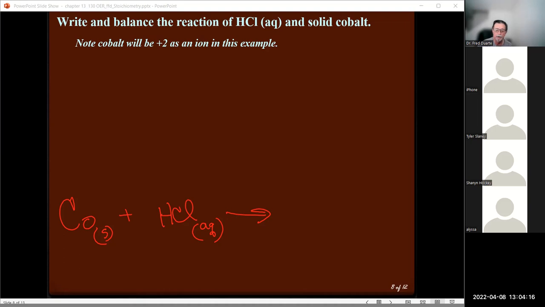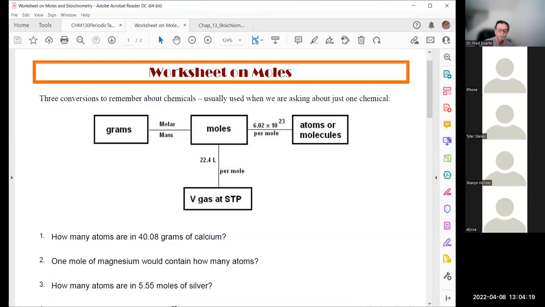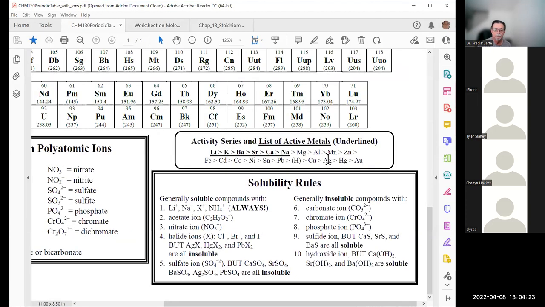If you look at the periodic table here, remember in the activity series, it's a relative scale, okay? It's not an absolute scale, it's specifically relative to hydrogen.